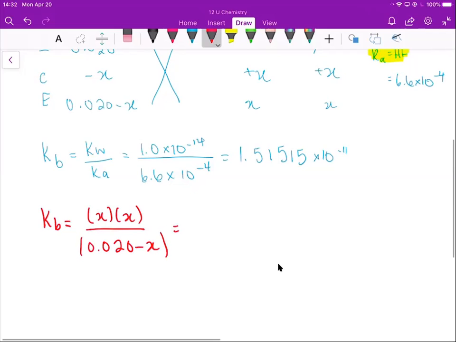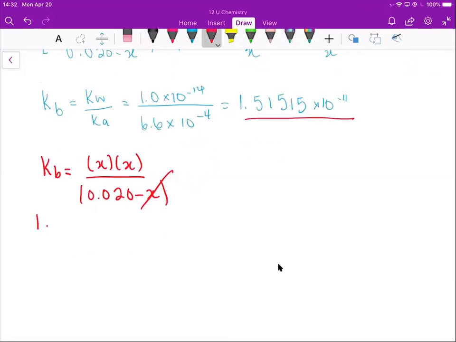And if we do the 500 rule, if we do 0.020 divided by Kb, it's going to be negligible. So let's just get rid of that. So I'm going to set it up: 1.515, keep it going, times 10 to the minus 11 equals x squared divided by 0.020.